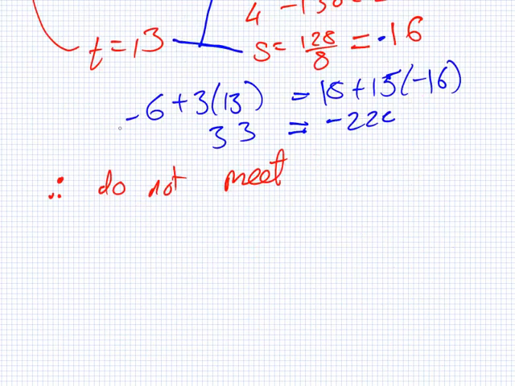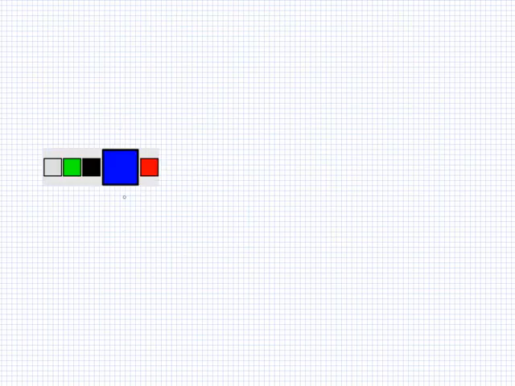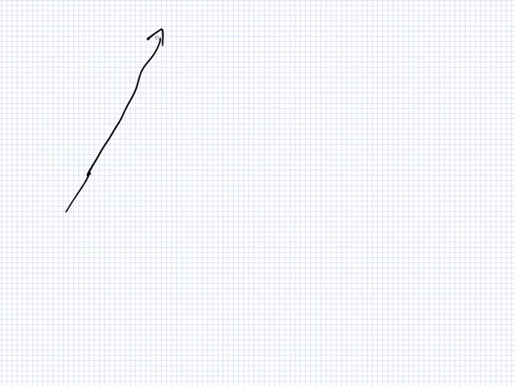Okay, can we do the next type? So let's say I have this line here, and this line here. We'll call this one line 1, and this one here is line 2.